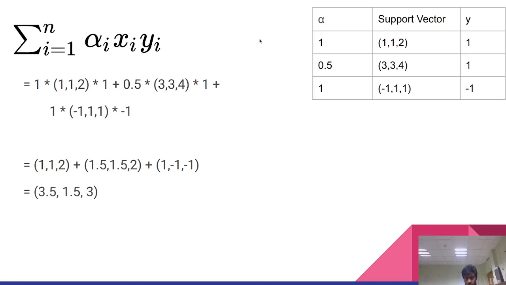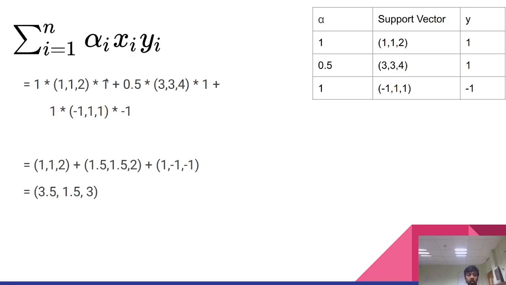Let's take the first point. What is alpha i? Alpha is 1, into the support vector 1 2 1, into y which is 1. Similarly for the next, alpha is 0.5 into the support vector 3 3 4 into 1, and then minus 1 into 1 1 1 and minus 1.